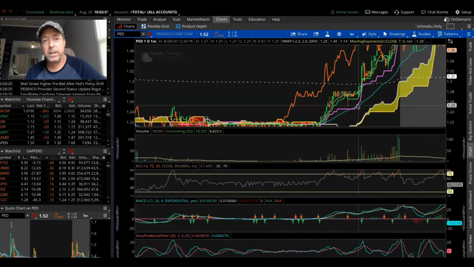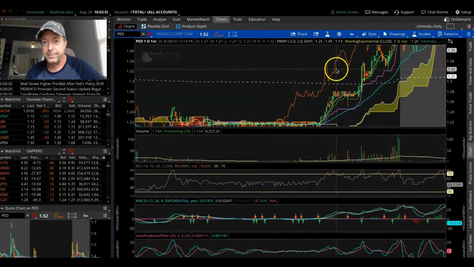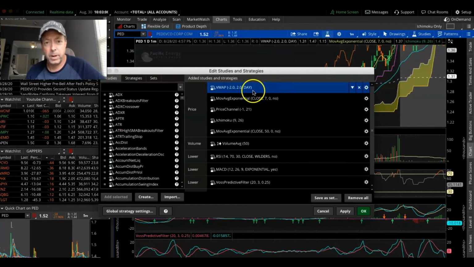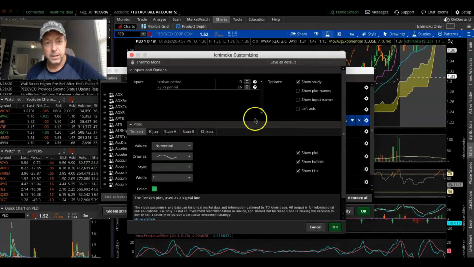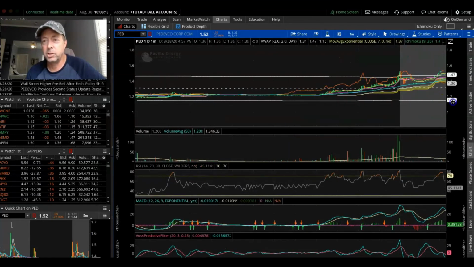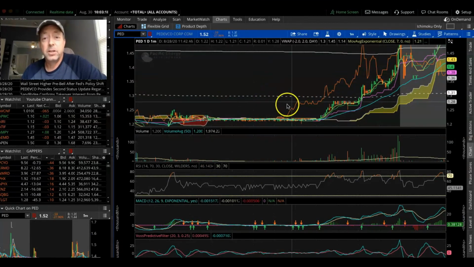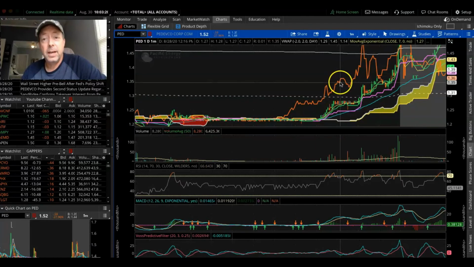One other thing you need to be aware of. Let me go into here. Remember how I said at the beginning that I want you to focus on the green line, the purple line, and sometimes the red Ichimoku line, okay? So here's what I mean about the Ichimoku line. It's kind of hard to understand, so you kind of have to use your imagination here. The Ichimoku line is not equal to the purple and the green line.